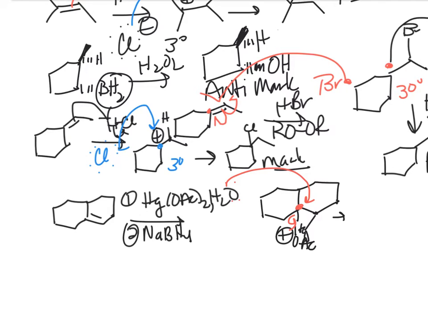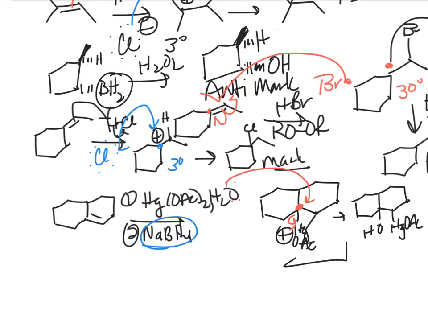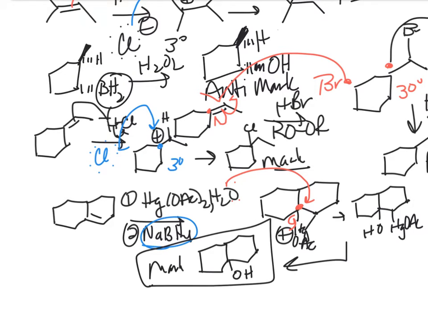And you're going to generate this oxymercury compound. And this is why it's called oxymercuration. And then in the presence of sodium borohydride, the mercury acetate will get reduced off. Essentially, the mercury gets replaced with a hydrogen, and you get the Markovnikov alcohol product without any rearrangement.